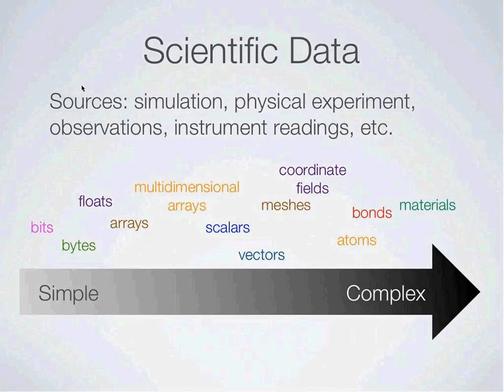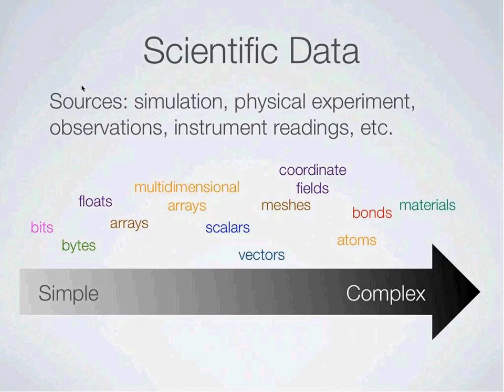It starts down at the bare bones, the actual zeros and ones, the bits, bytes. Move towards standard data like floats or doubles into arrays, and then move into scalars, vectors, meshes, and then as you get higher level, you get more abstract from the data. You're talking about whole atoms or entire materials.